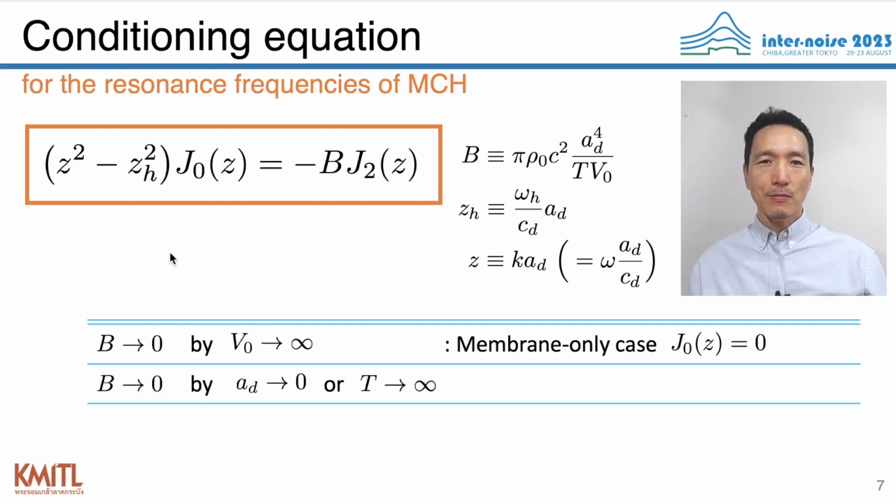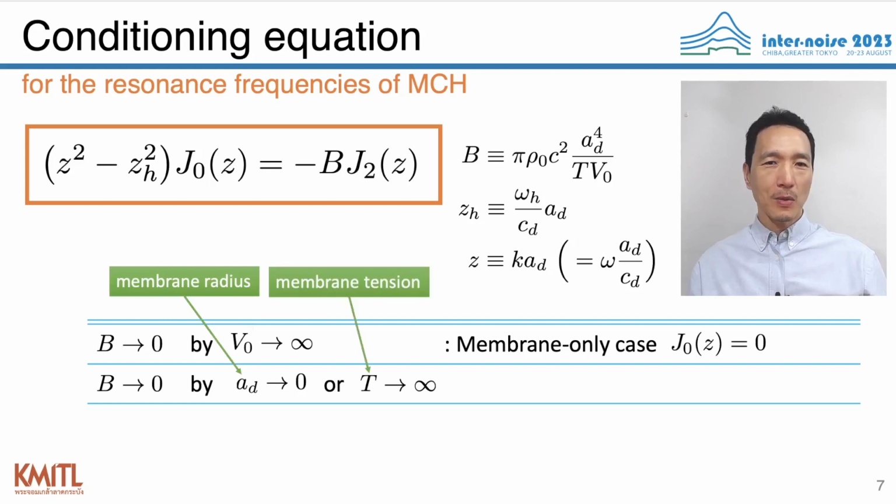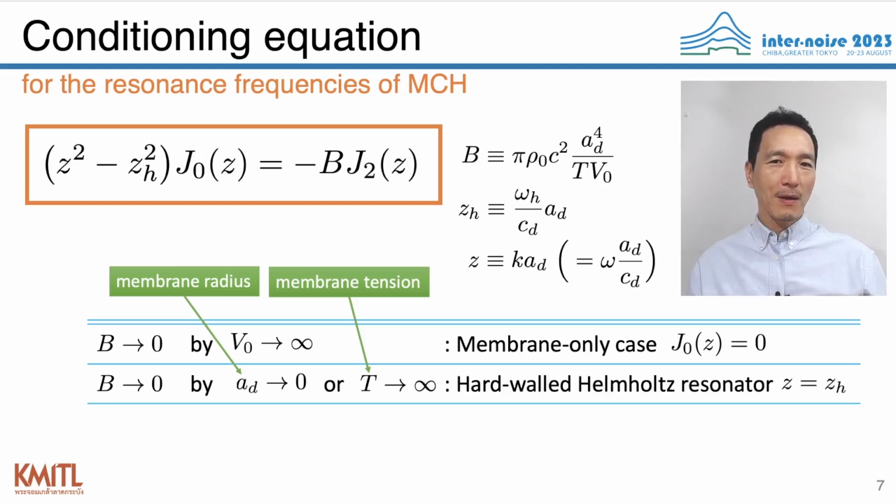If we assume that the membrane becomes very small, with a_d approaching 0, or the membrane tension becomes so high, the constant B will also be 0, in which case we can show that the only solution of this conditioning equation is Z equals Z_H, which means that the system will behave as the normal hardwall Helmholtz resonator.